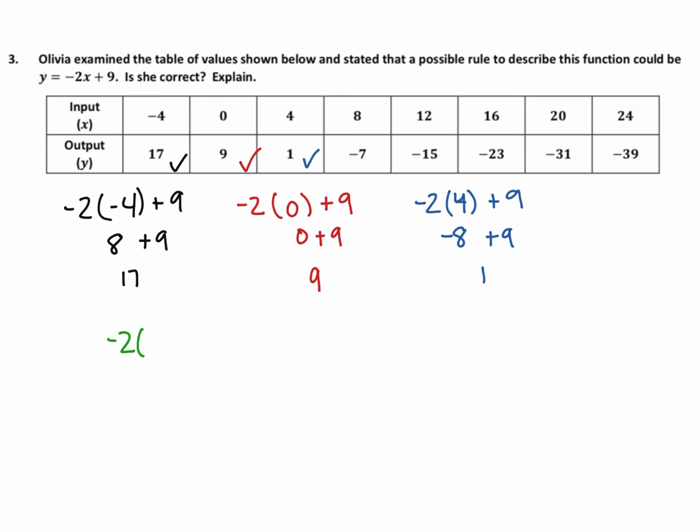Negative 2 times 8 plus 9. Negative 2 times 8 is negative 16. Negative 16 plus 9 is negative 7. And then we're going to check the rest of the values. That would be negative 24 plus 9, which is negative 15.